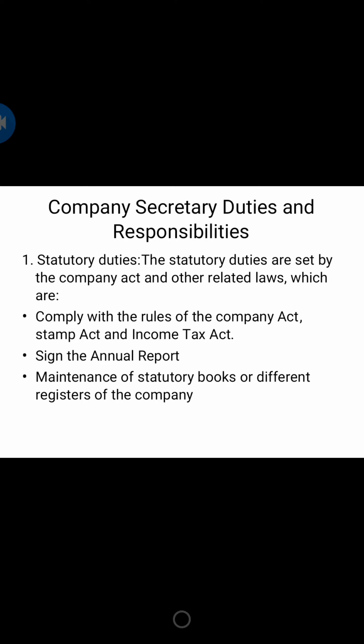The next is sign the annual report. So what is this annual report? The annual report is a corporate document disseminated to the shareholders that spells out the company's financial condition and operation over the previous year. So whatever you have done in the previous year, your progress, whatever financial condition you have over your operations, that will show.